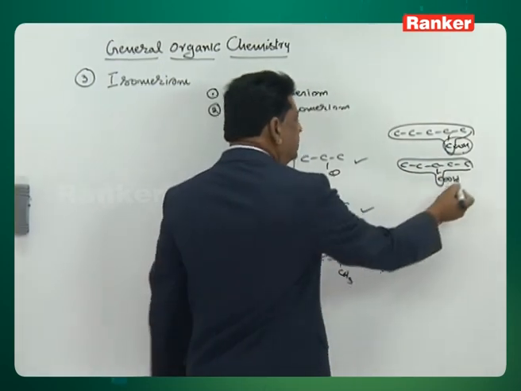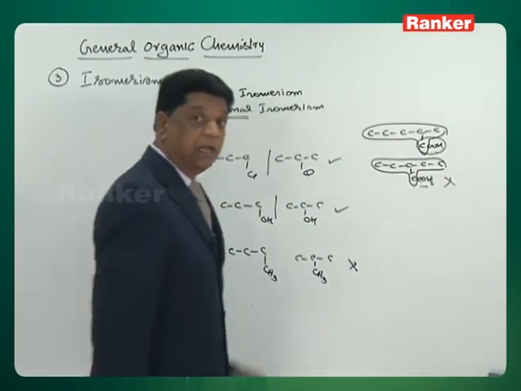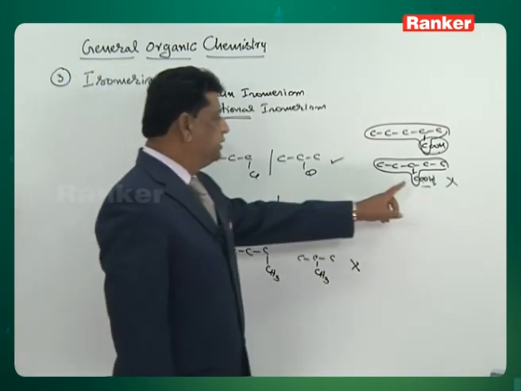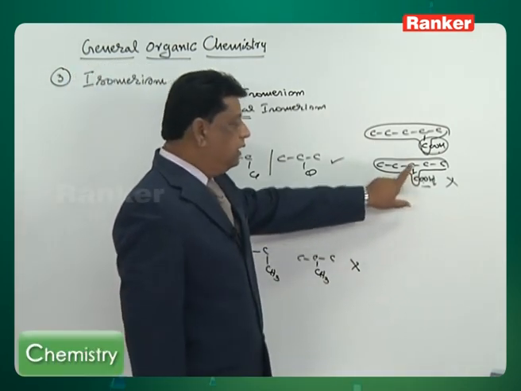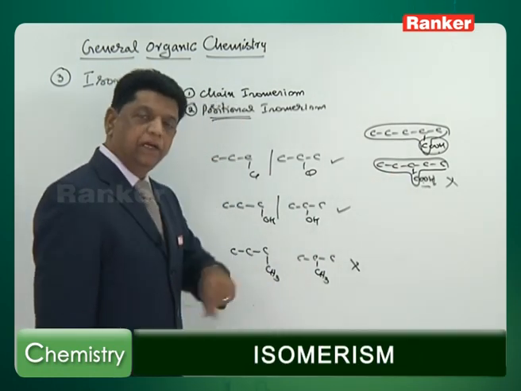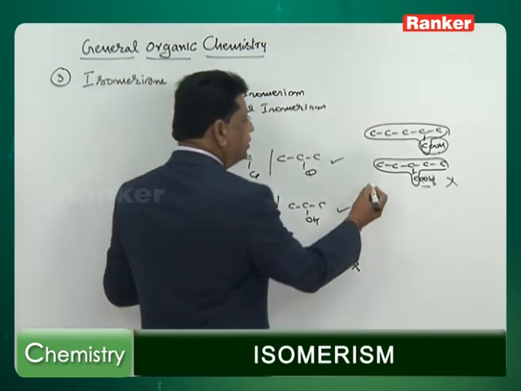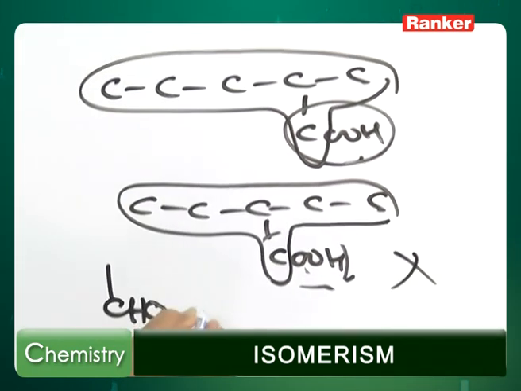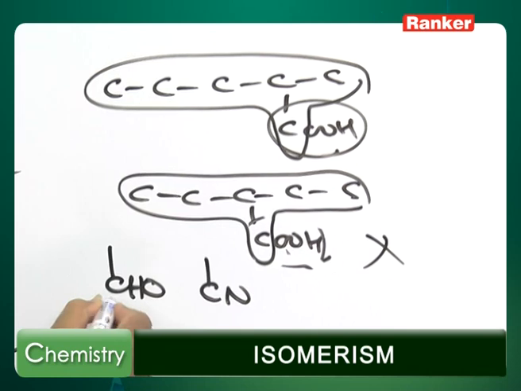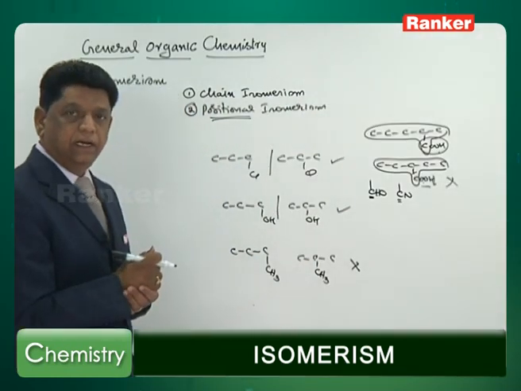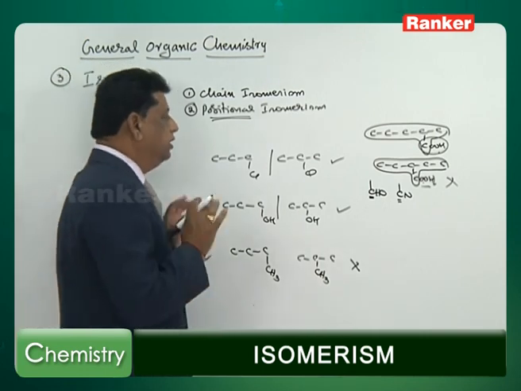Therefore, this is not positional isomerism but skeleton isomerism, that is chain isomerism. Whenever the functional group has a carbon in continuation with the main chain, that carbon belongs to the skeleton. So groups like COOH, aldehyde, and cyanide, having the carbon in continuation with the main skeleton, go to chain isomerism only.